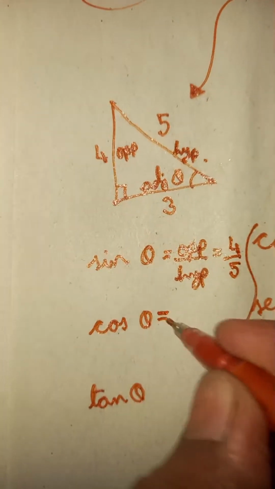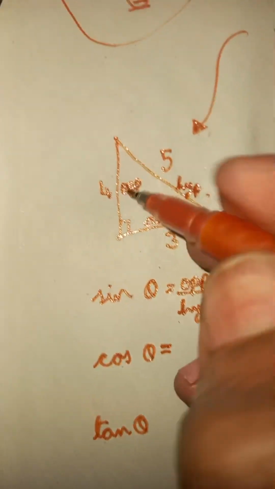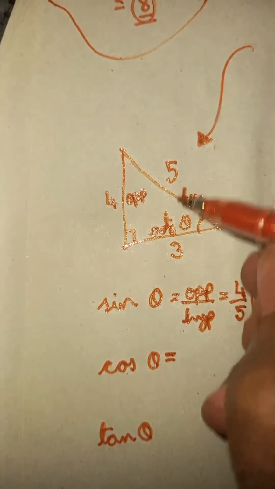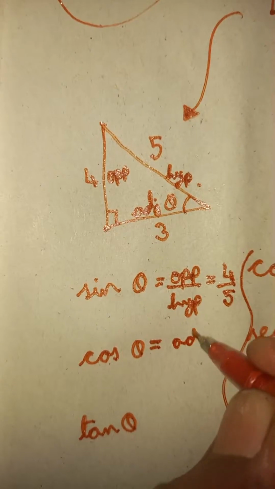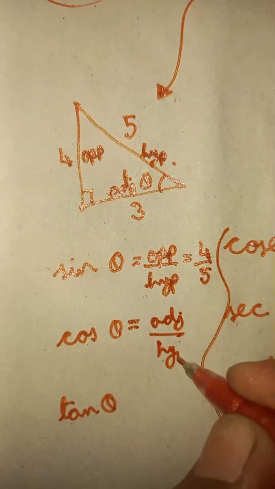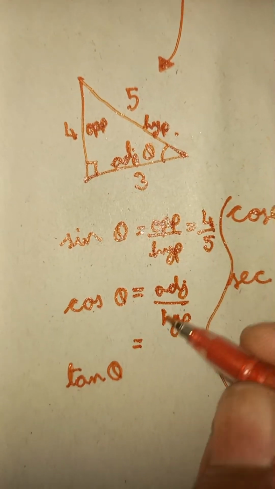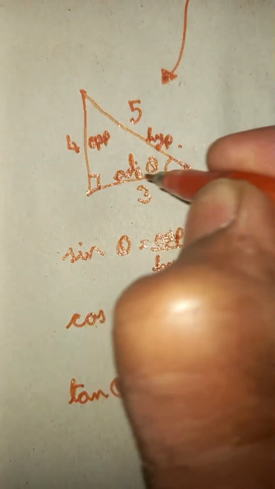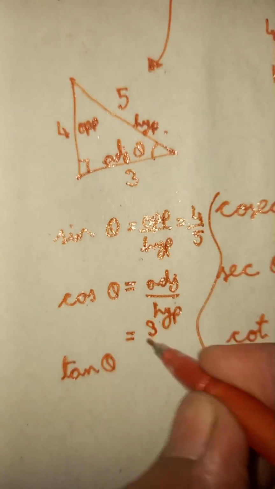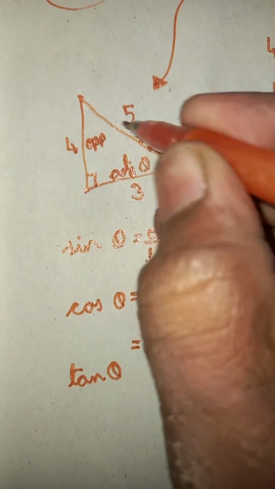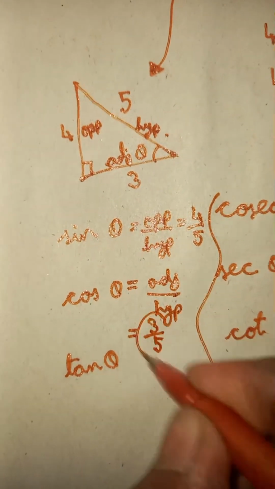Now cos theta is adjacent by hypotenuse, which is 3 units by 5 units, so 3 by 5.